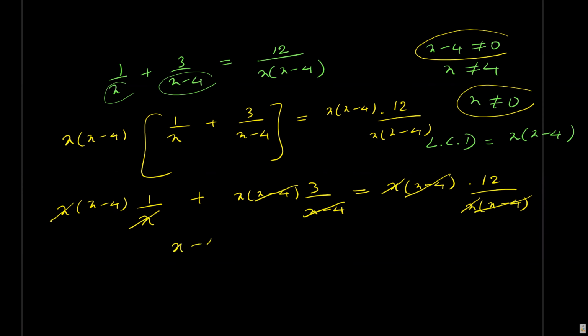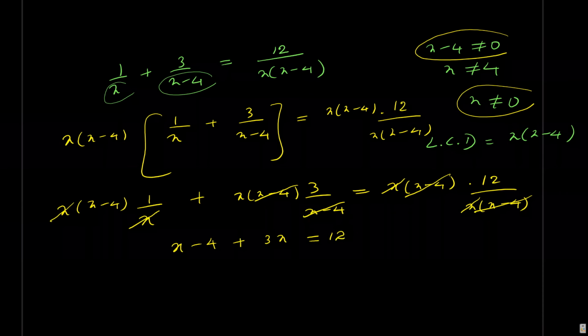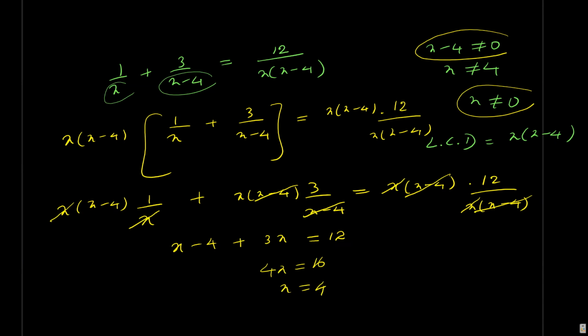Now this reduces into a linear equation. 1 plus 3x equals 12, and we get 4x equals 16 and x equals 4. But we have a problem because we agreed x is not 4, so again no solutions.